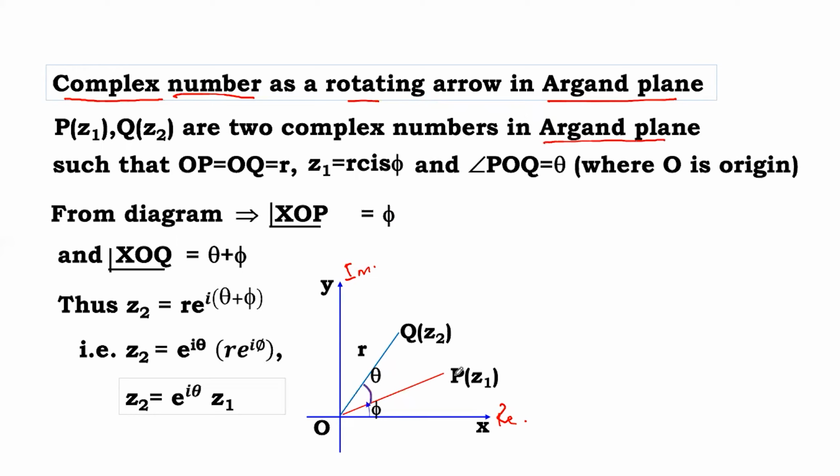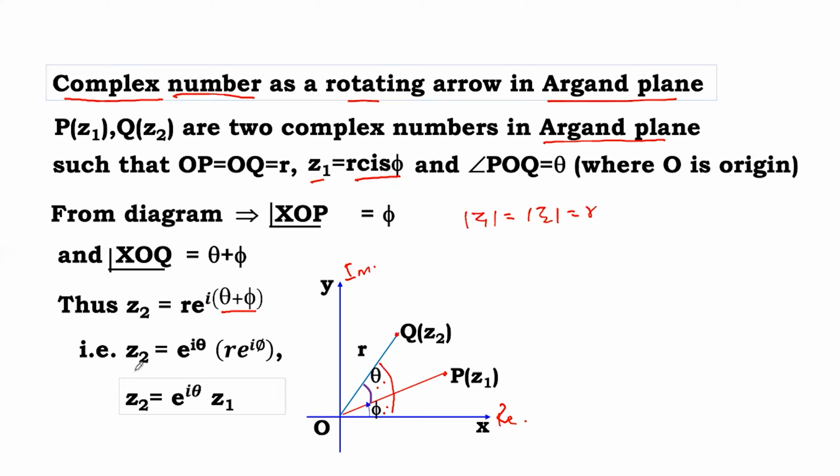So let's suppose a Z1 point and a Z2 point are represented at angles phi and theta, and both have the same magnitude. So mod Z1 is equal to mod Z2, equal to the same R, but the angles are different. So Z1 is R cis phi, but the angle POQ is theta. So the complete angle is theta plus phi, and Z2 is R e to the power I (theta plus phi).